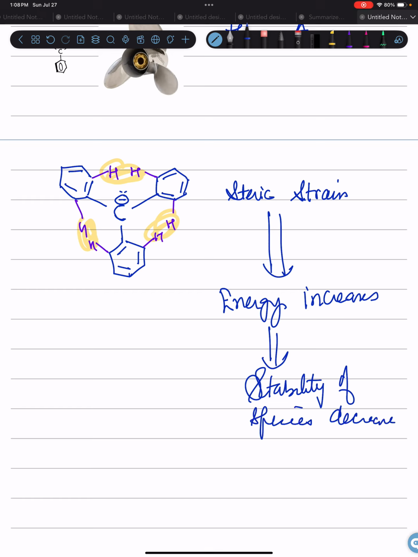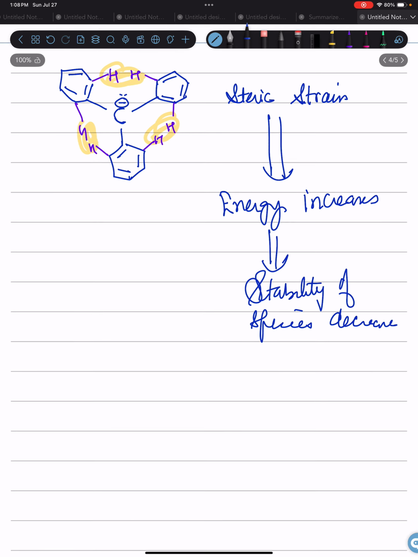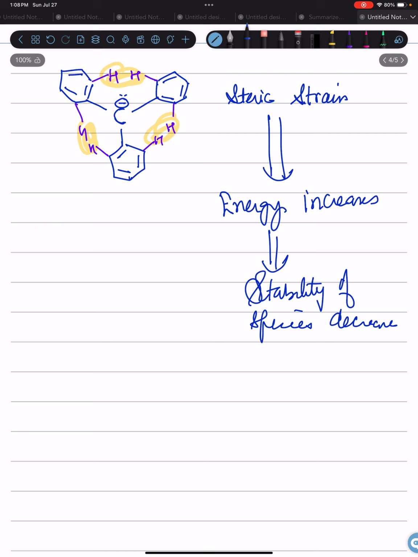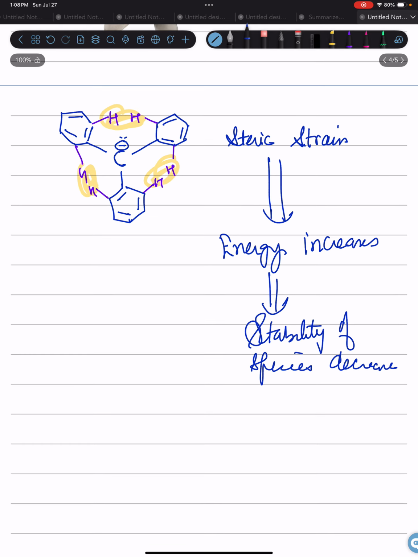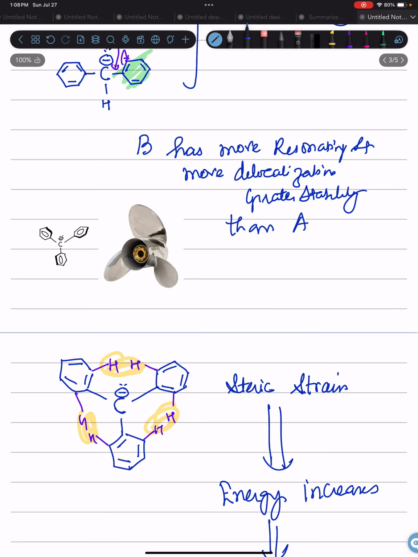So in order to decrease this tension or this strain, what this carbanion does is that these phenyl rings go out of the plane and arrange around the central carbon as a propeller. Okay, so I can show you here. So they arrange themselves like this.